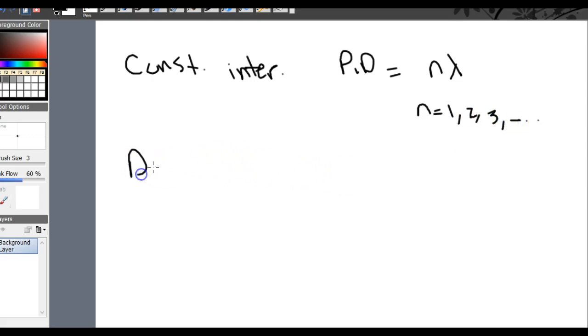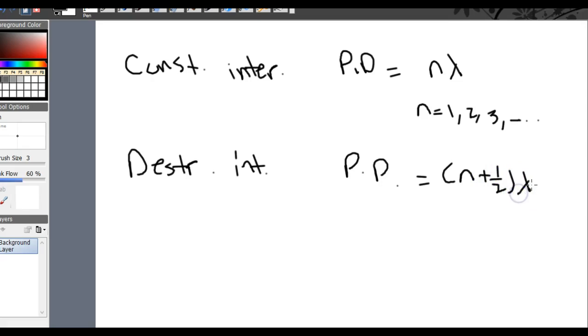And the condition for destructive interference, going back to the picture, is that the path difference is a half integer number of wavelengths, like this.